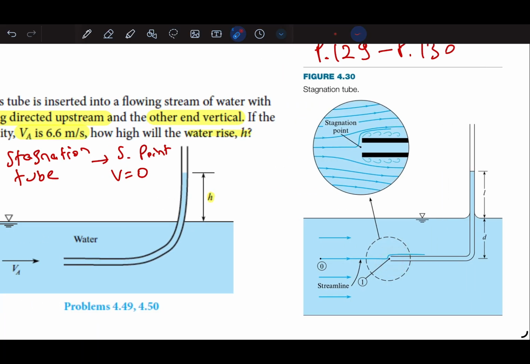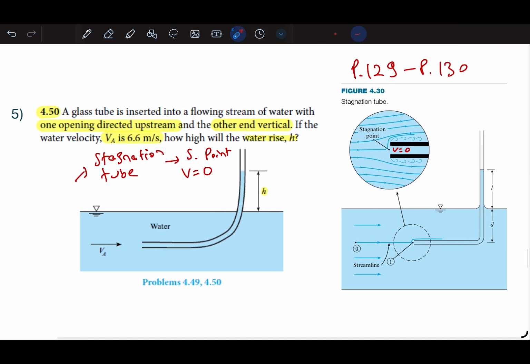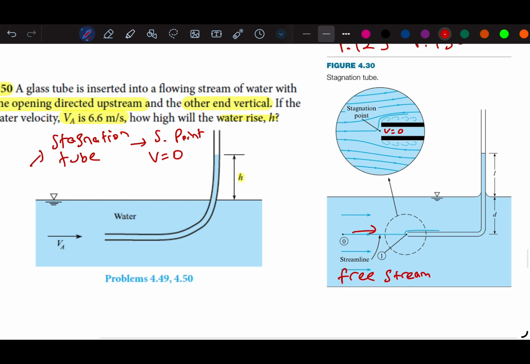We have this tube, and at this point we don't see any velocity, and it will be 0 at this point only, which intersects with this flowing stream. And also we have a through stream here, which we can mark like this.